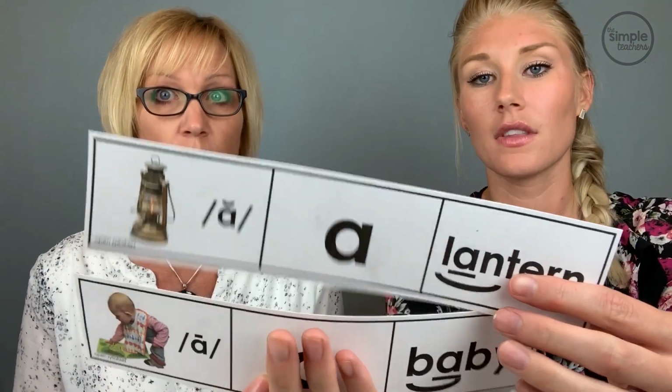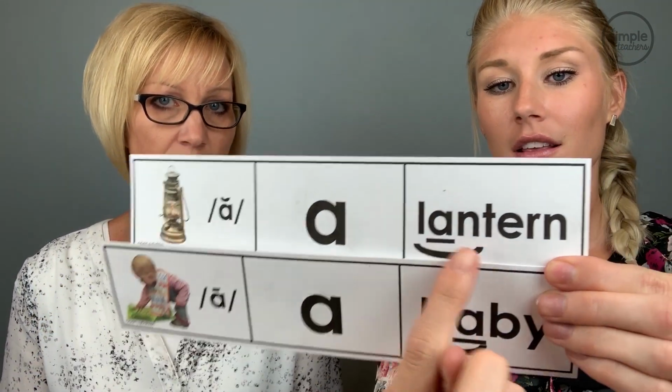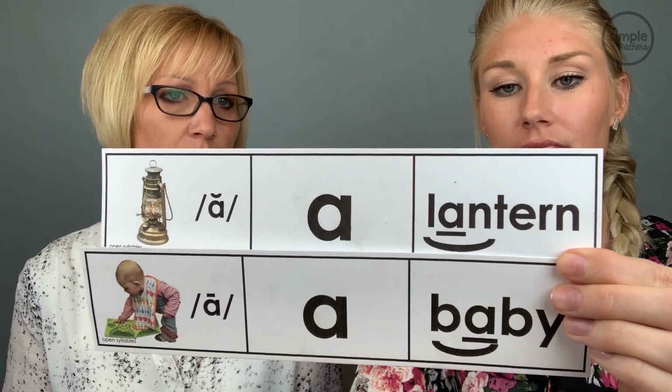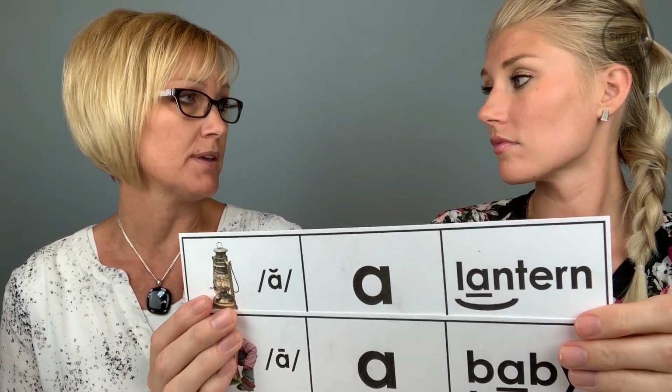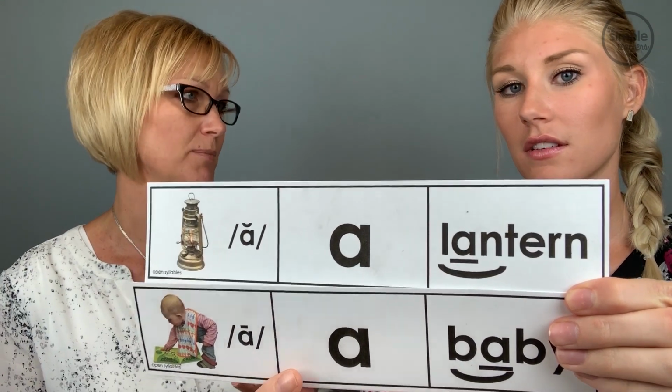The difficulty with open and closed is students aren't going to know which syllable pattern it is unless they know the word. Exactly. They're not going to know whether it should say lantern or lantern unless they know that word. And so we want to make sure that we have them be flexible with trying one sound and then trying the other, and even the schwa, because that's our pattern.